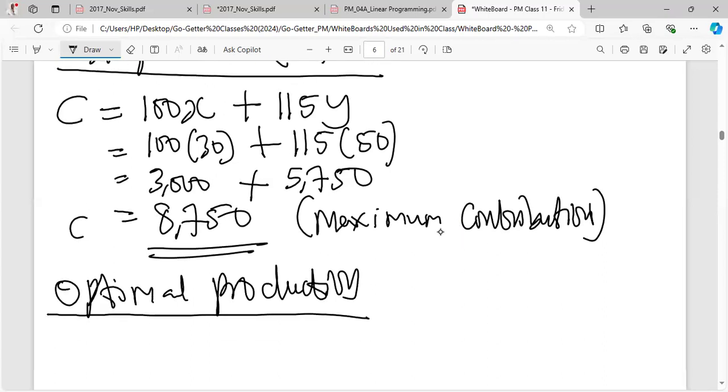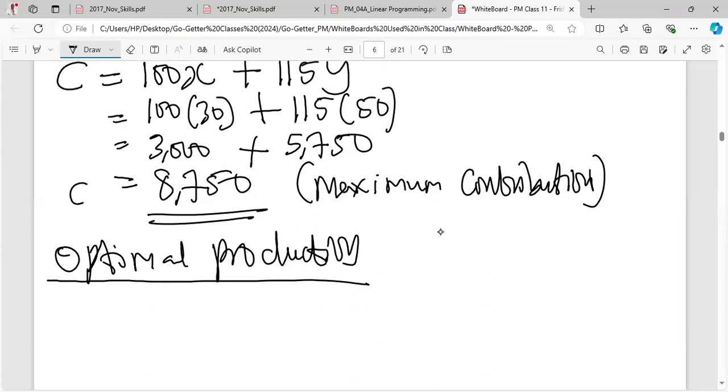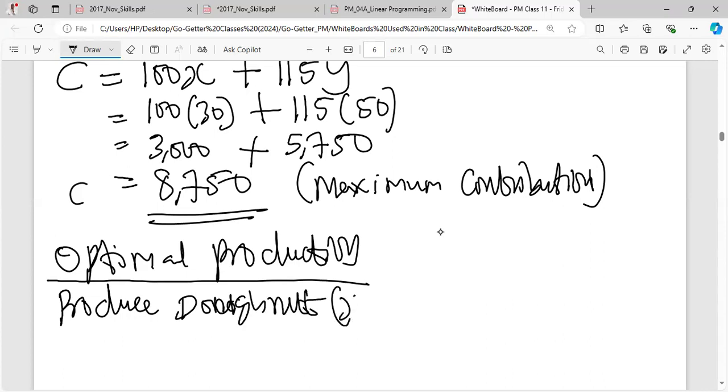You will say produce. Of course, our X is 30, right? You will now change it back to donuts because that was what was given to you. Donuts, which is X, 30 units.